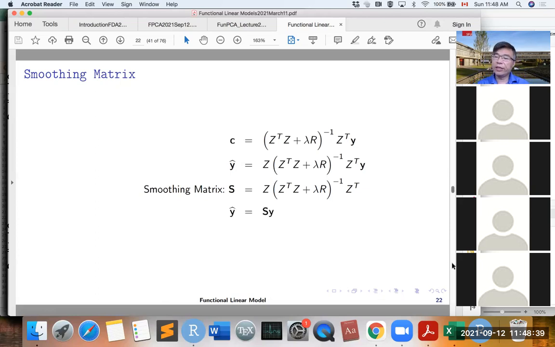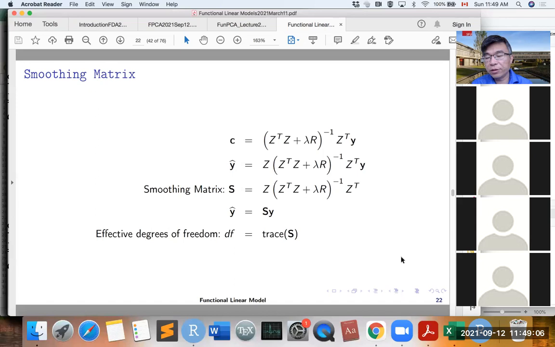Then the fitted value y hat will be equal to S multiplied by the data y. So S is the smoothing matrix. Okay, and so S basically is a projection matrix projecting the observed value y to the smoothed value, the value of the smooth function.